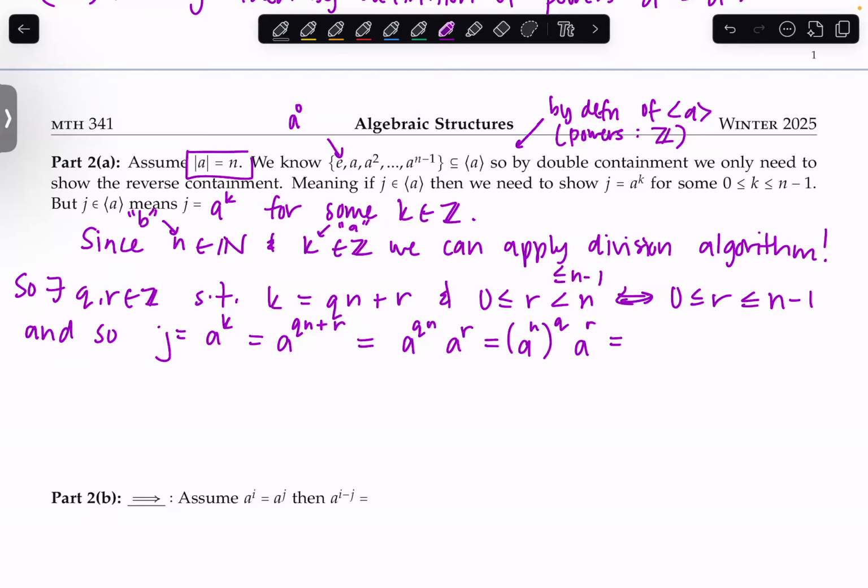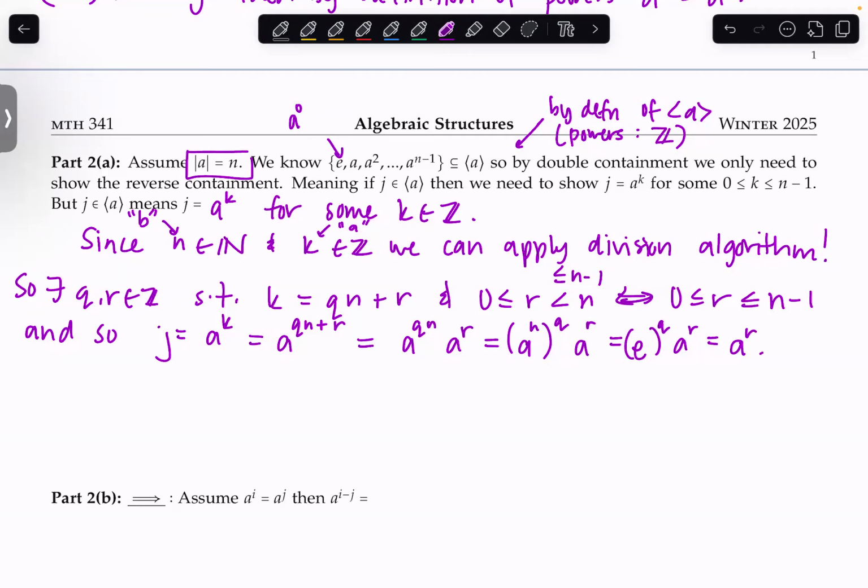What do I know about a to the n? Gives me back the identity because n is the order of a. Then the identity to any integer is going to give me back the identity. So I'm just going to get this a to the r here.